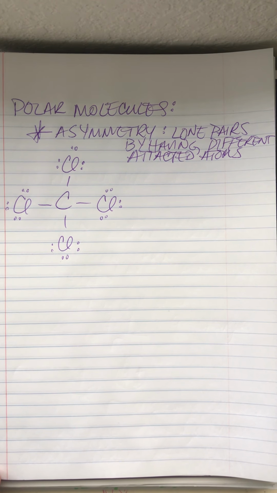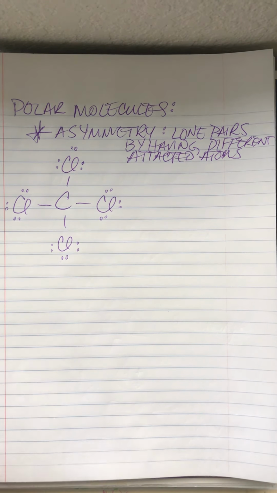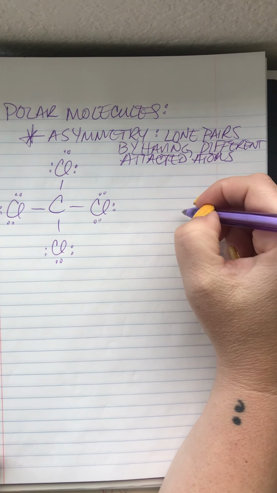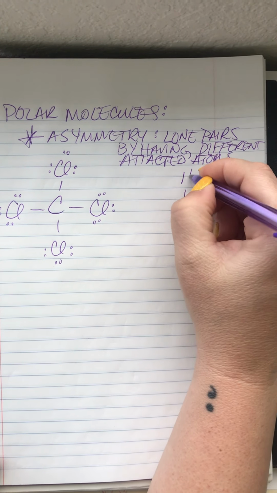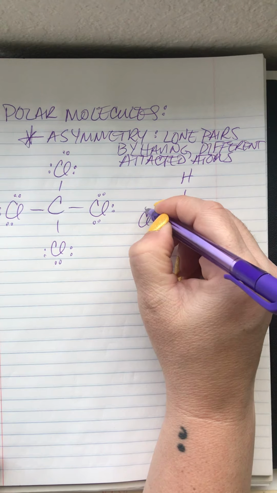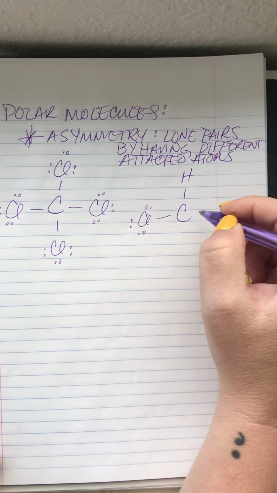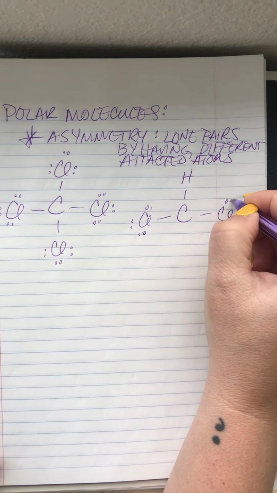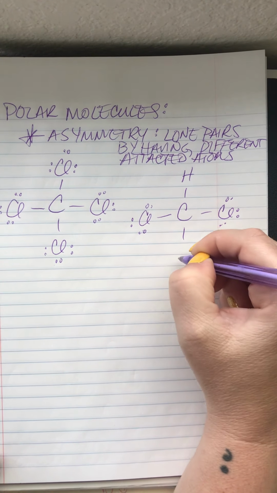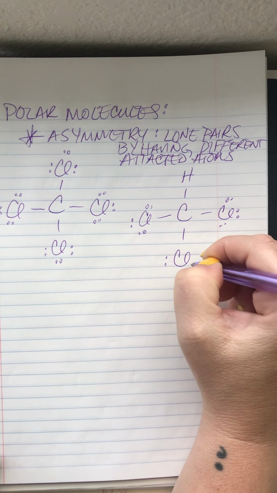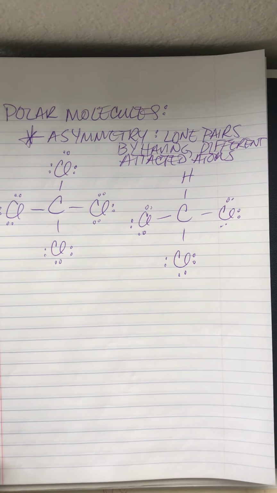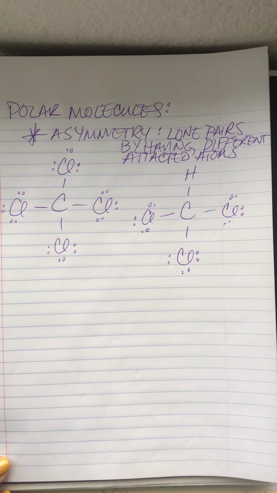Nonpolar. Why? It's symmetrical. Does everybody see that? Yes? Cool. So one of the ways that I can create asymmetry in this molecule would be having different attached atoms. Okay, so basically like more than two different kinds of atoms.